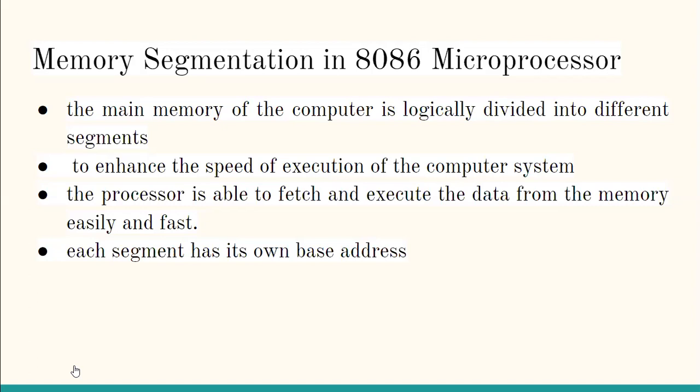The main memory is logically divided into different segments. This is not permanent, but is divided by the programmer into different parts based on the data or values stored in that memory.